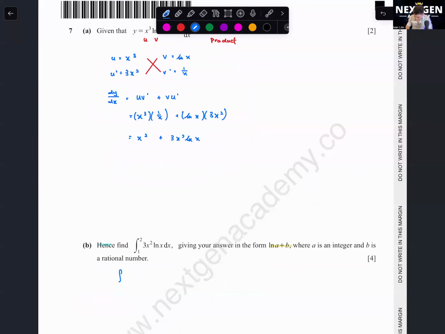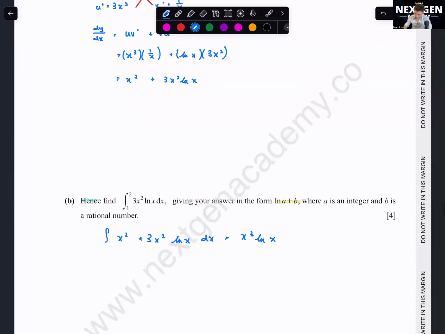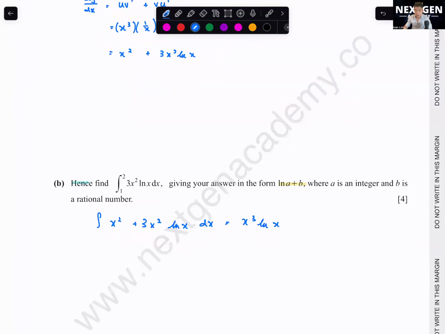So integrate x squared plus 3x squared ln x dx. We'll get back to x cubed ln x. Okay, let's rearrange it first. The one that we want is just this part here.